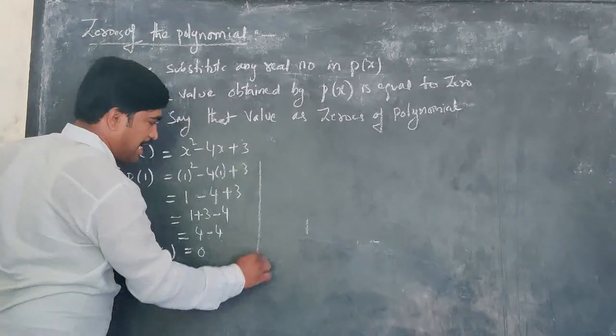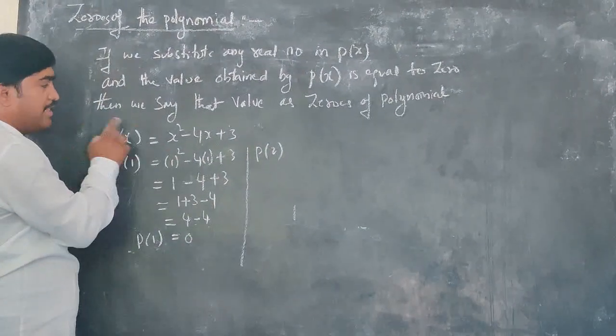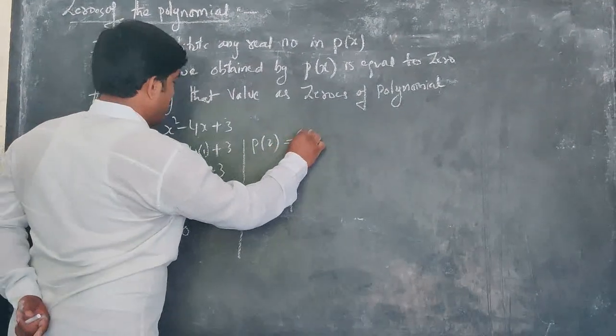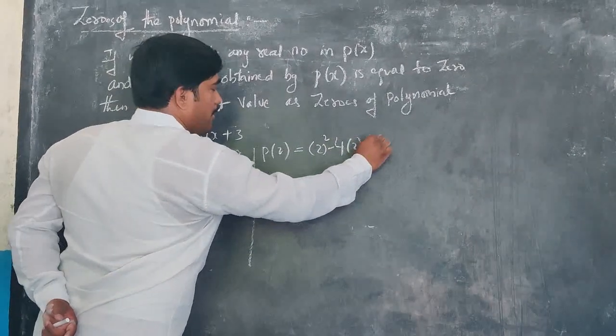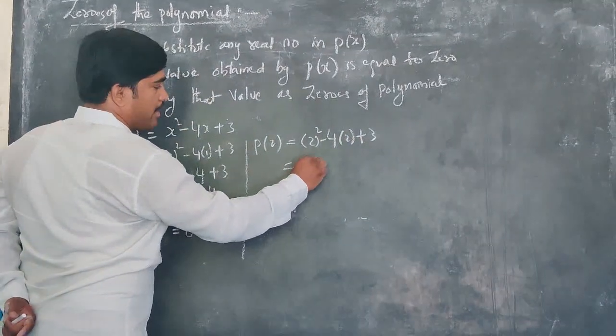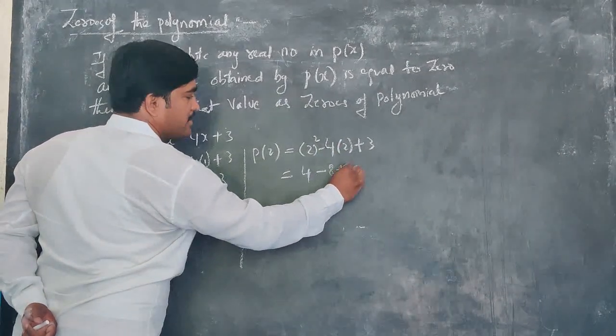Now I'll go for another value, P of 2. If I substitute 2 in this polynomial, what happens? That is nothing but 2 square minus 4 into 2 plus 3. Now 2 square is 4, minus 4 twos are 8, plus 3.